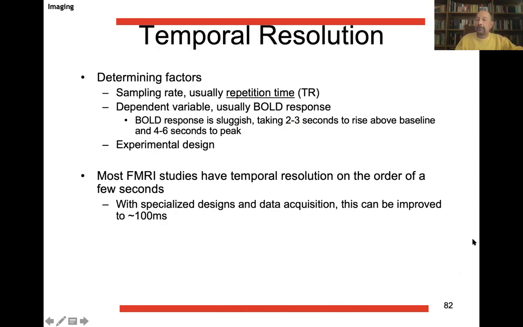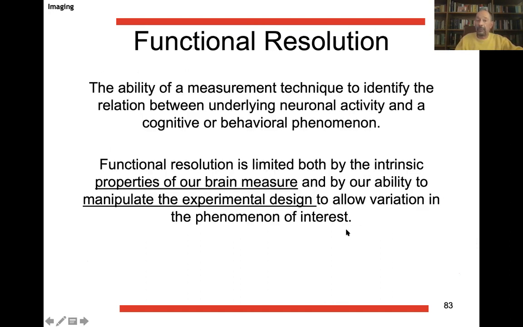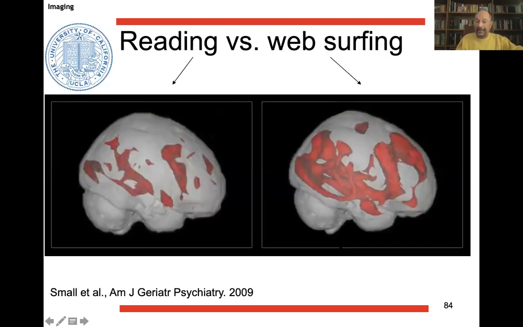And of course, the temporal resolution, because you have to see how the response evolves in time, and the functional resolution, so the ability of a measurement technique to identify a relation between a neural activity and a cognitive or behavioral phenomenon. There are many examples of this.